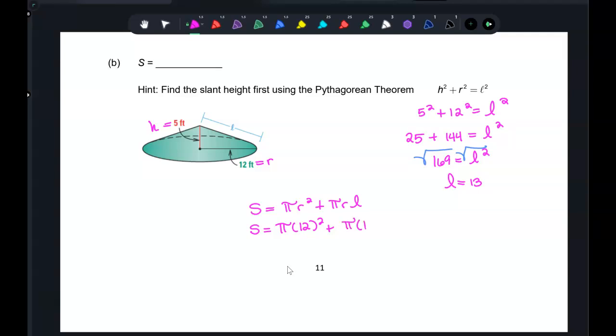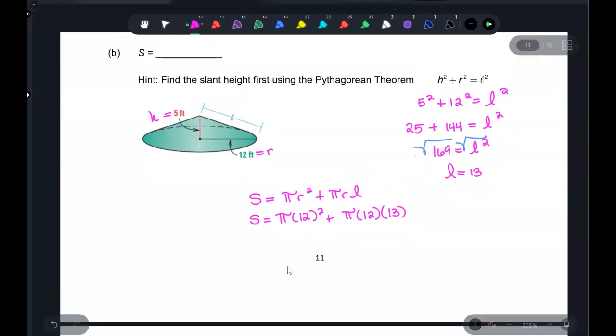Actually, we don't use the height at all. When we get to volume, we'll use the height. Over here, we use it for the Pythagorean theorem.